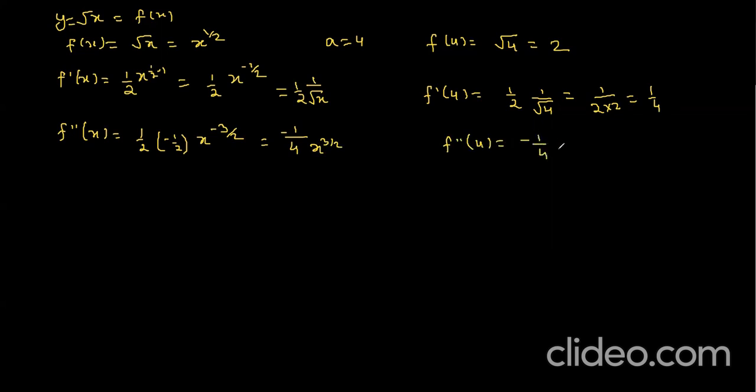So minus 1 by 2 raised to 3 by 2. Okay. 2 raised to 3 by 2 is what basically? 2 raised to 3 is 8, raised to 1 by 2. It means under root 8, right? And you know under root 8 is what? 2 root 2. So this becomes 8 root 2. Okay.